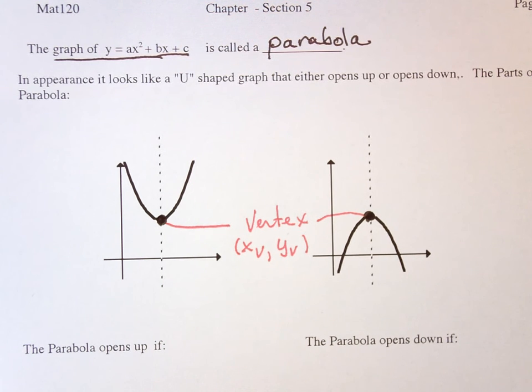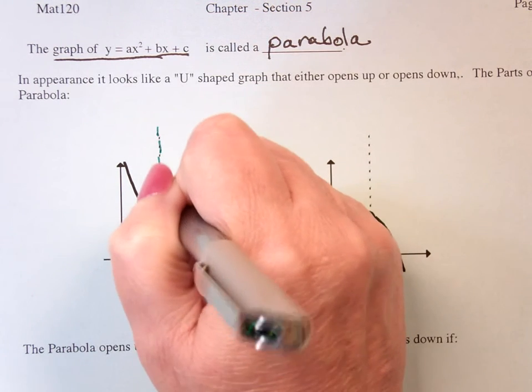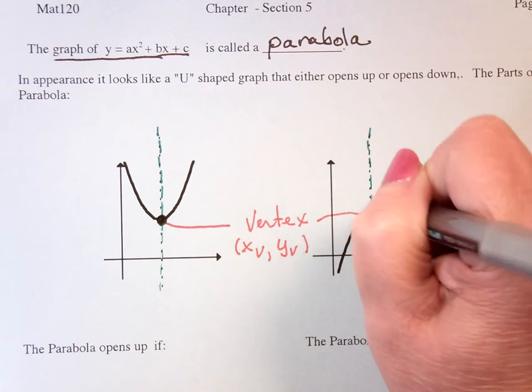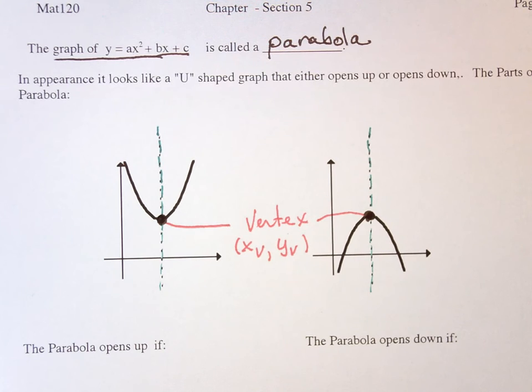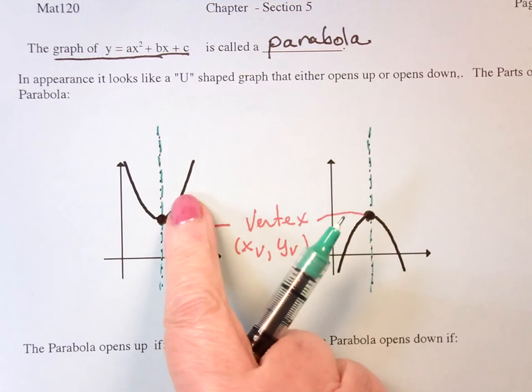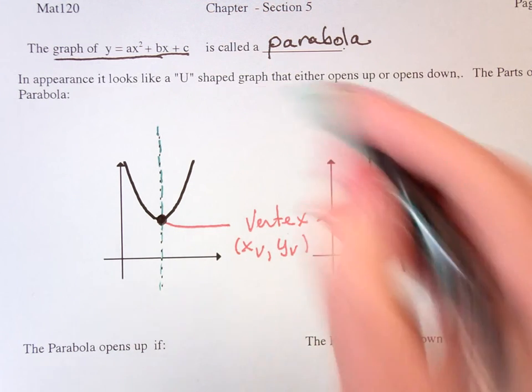There is a line that goes down the middle of the parabola. In college algebra, we called it a fold line. If I were to fold the parabola in half, half the parabola would be on one side of the line, half of the parabola would be on the other side of the line.